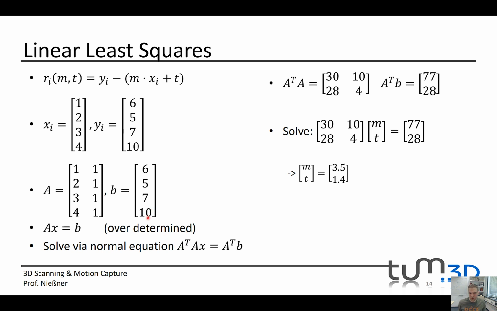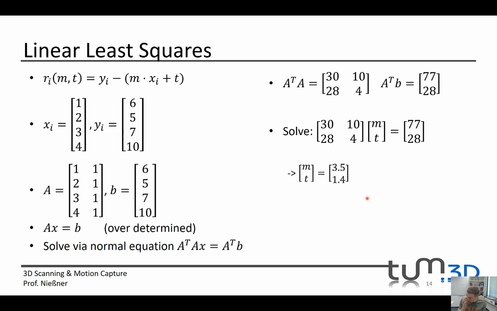Okay, and now we can take this linear system here and solve it with our favorite solver. I'll get to what the favorite solvers are in a second, but this is very straightforward now, right? We have two equations and we have two unknowns. We solve it respectively. We're going to get our optimal values for M and T. This is what we're getting at the end of the day.